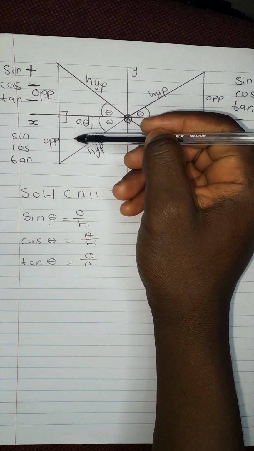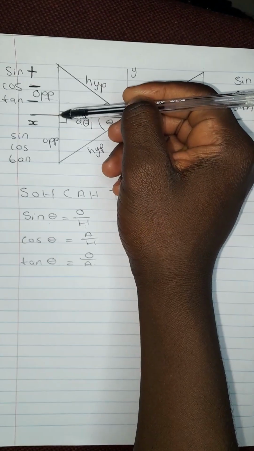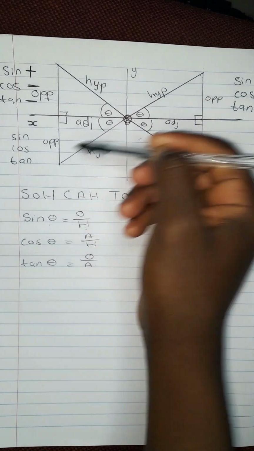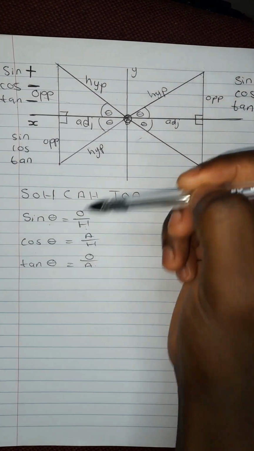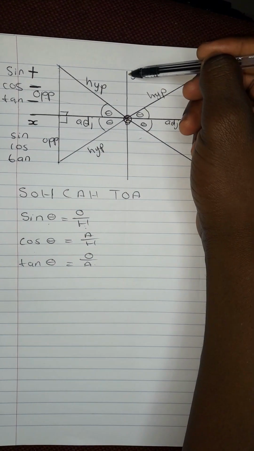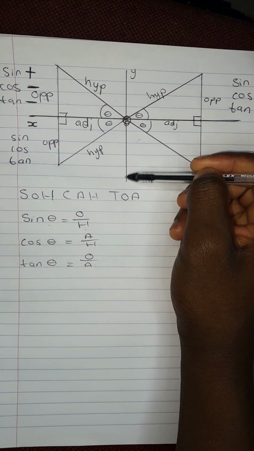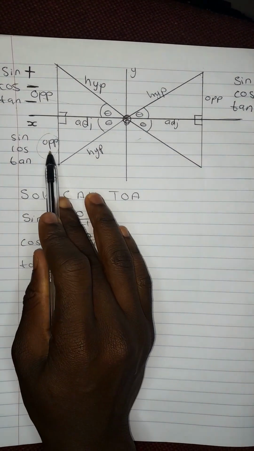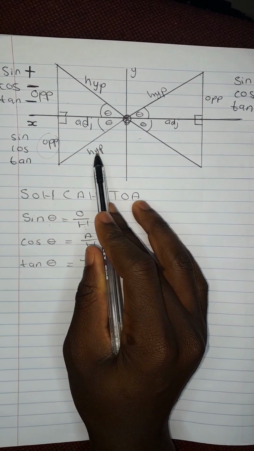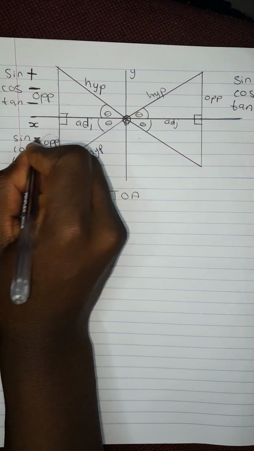We know from here going down it is negative, because here it is 0, and on our Cartesian plane, from 0 going up we have positive values, and from 0 going down we have negative values. Meaning my opposite side is negative, so we have negative divided by my positive hypotenuse, which is negative.